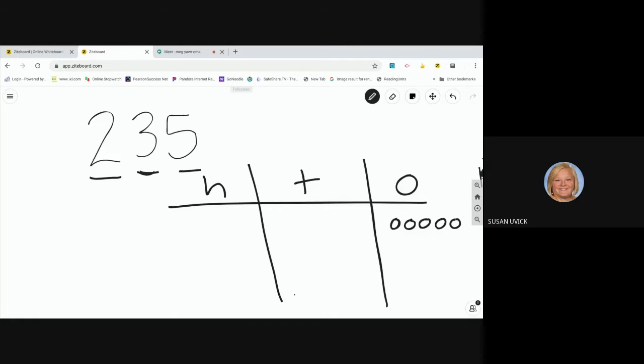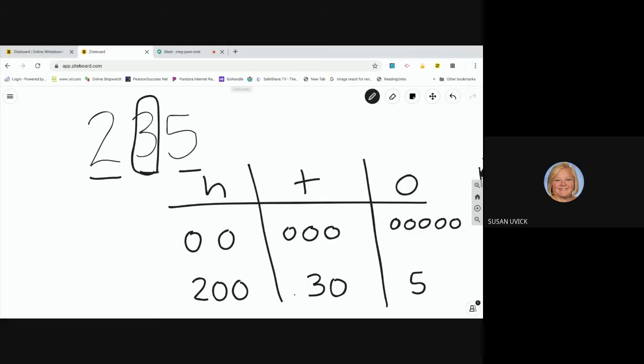If I look at the 3 here, I have 3 tens and I have 2 hundreds. If I were to think about that as an expanded form, I know that I have 200, 30, and 5. 5 in the ones, 30 in the tens, 200 in the hundreds.